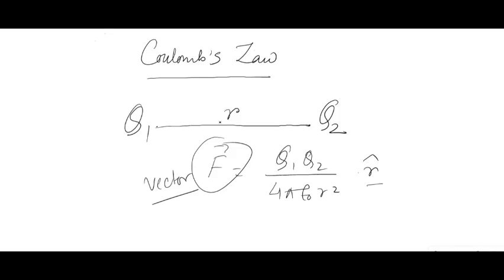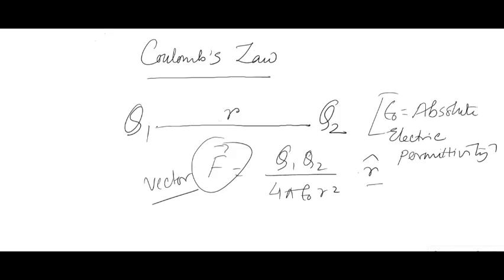What is epsilon 0? Epsilon 0 is nothing but absolute electric permittivity. What is permittivity?